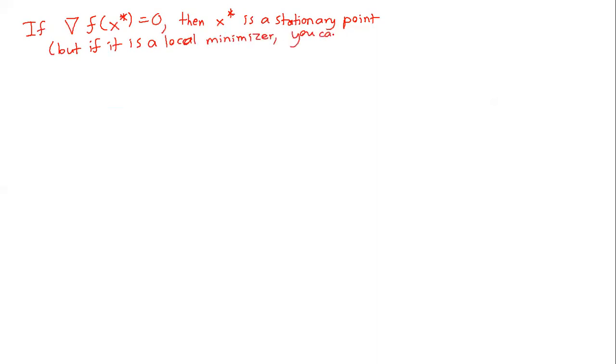You can't tell yet. But the other way around, if you know it is a local minimizer, then x star is a stationary point.